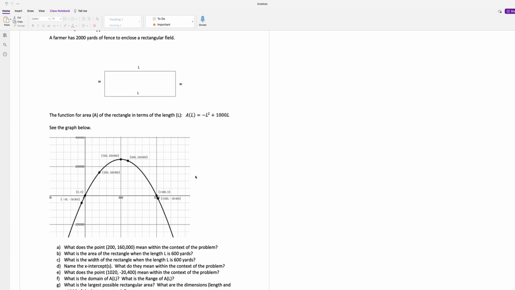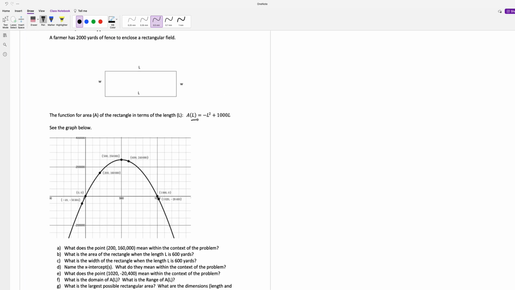We also have a definition for the function: the area, A, of the rectangle in terms of length L. We've built this A of L function: negative L squared plus 1,000 L. We have a picture of what that function looks like, and then a couple of different questions to consider.